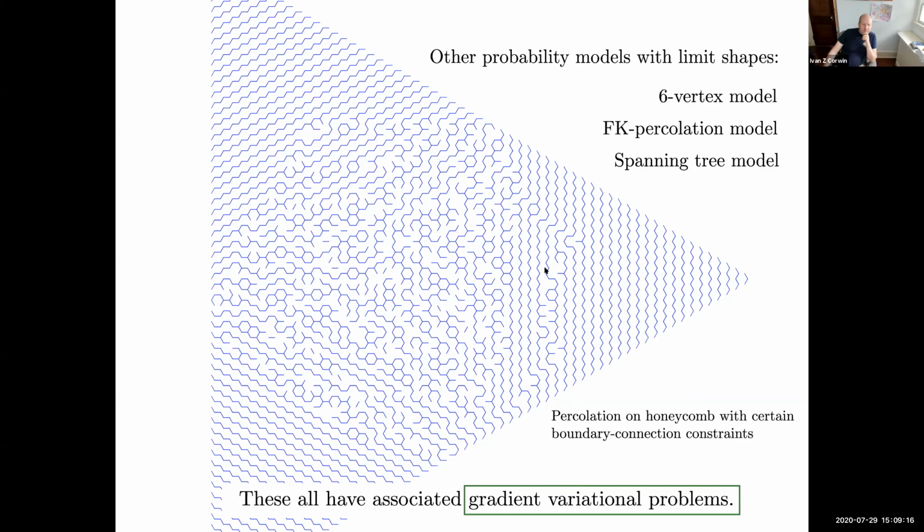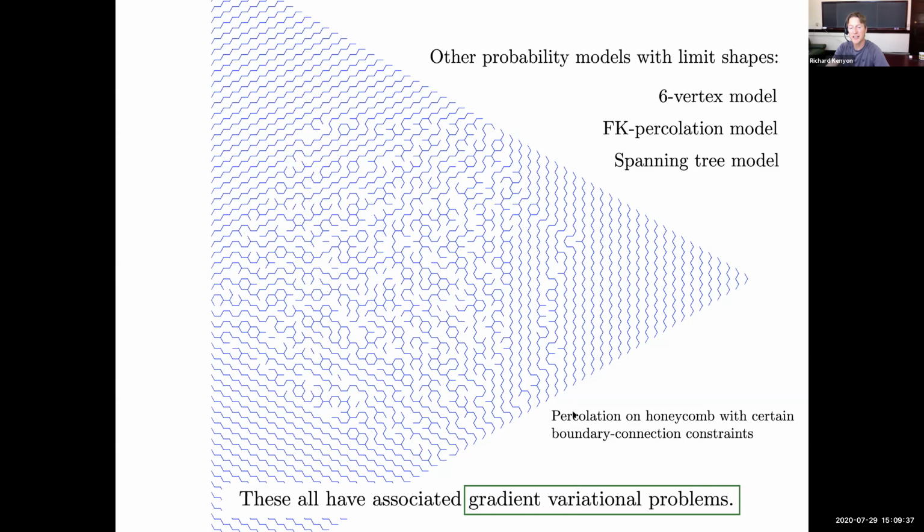Rick, how was this configuration sampled again? What was this measure on this triangle? Okay, yeah, I take percolation and I constrain it so that every point on the boundary here is in the same component as a point across there.